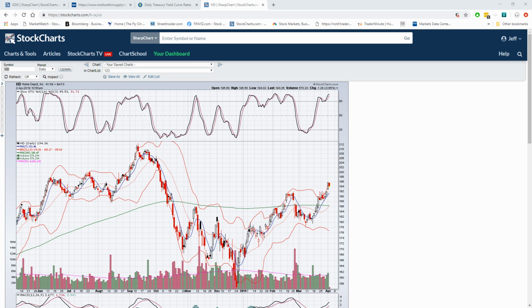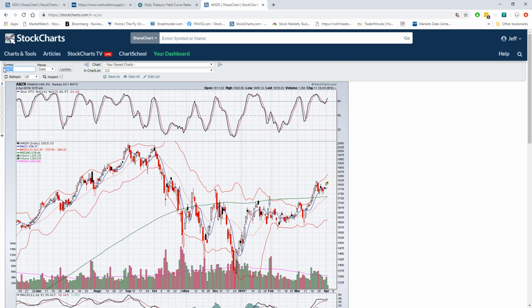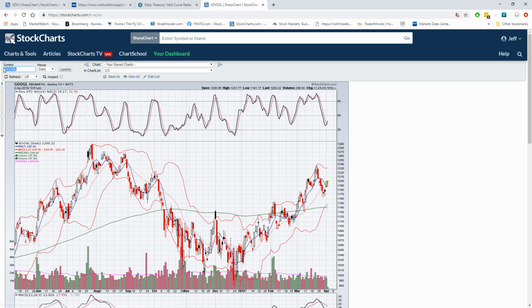And so I think when you look, Adobe is probably one of the best examples out there, albeit there are some others, like Amazon, a little bit here. You could argue a little bit with Google from last week, but I'm not going to put Google in that category as it didn't break into a new high yesterday.